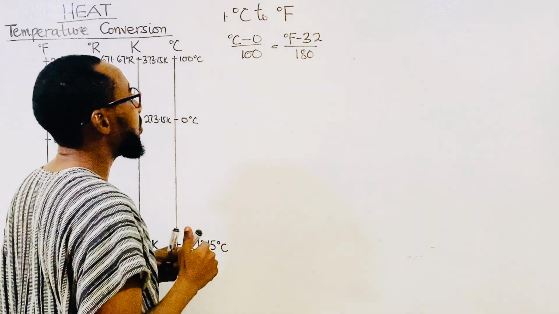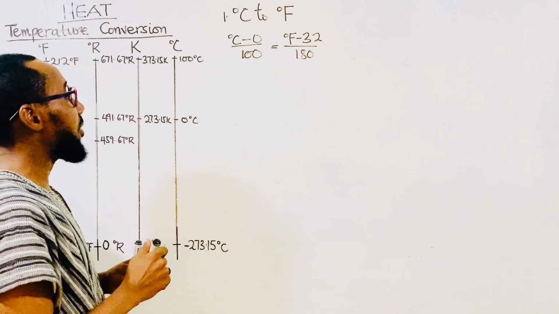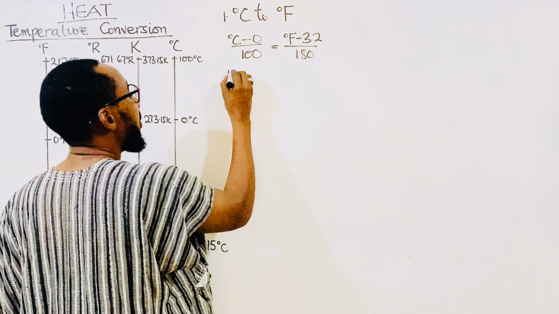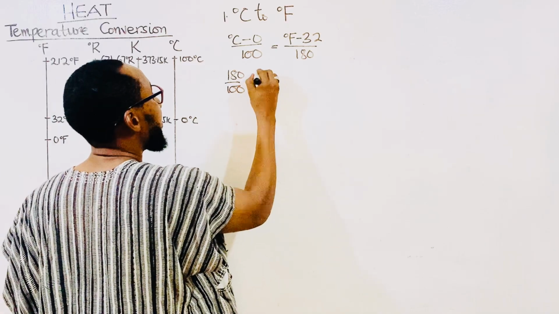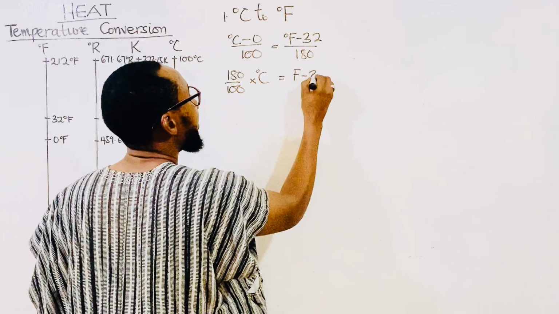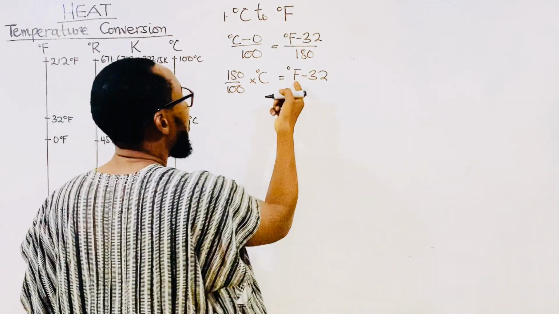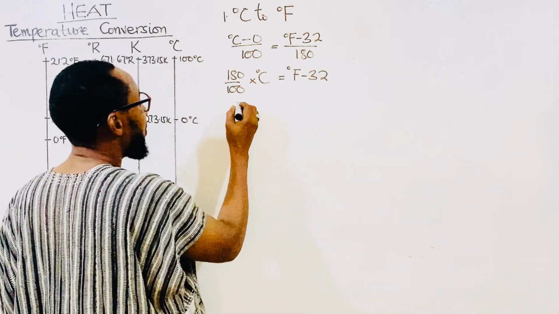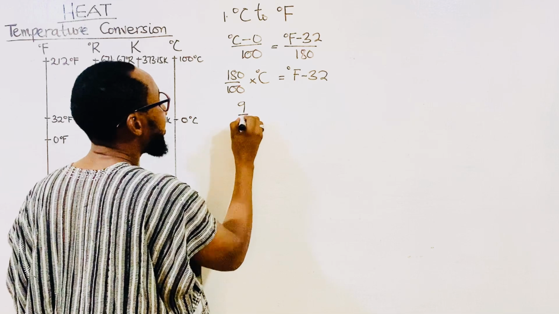So what we have to do now is make degrees Fahrenheit the subject of our equation. We want this to stand alone, of course. So we try to reduce this fraction, so that gives us this.